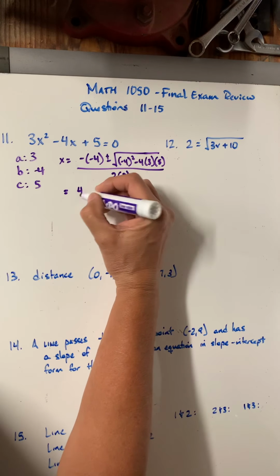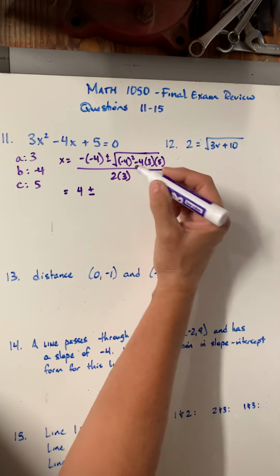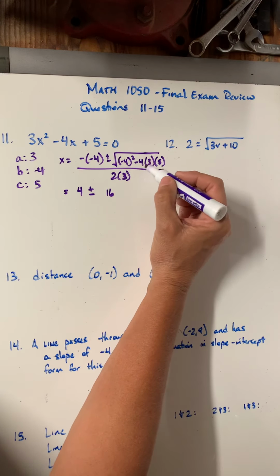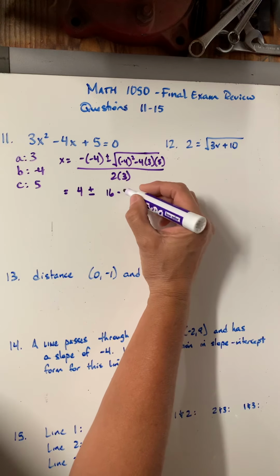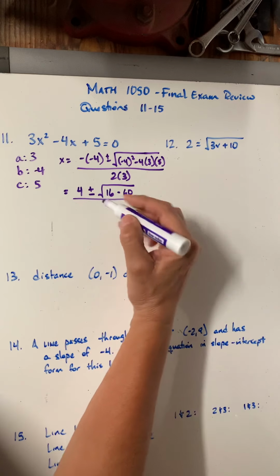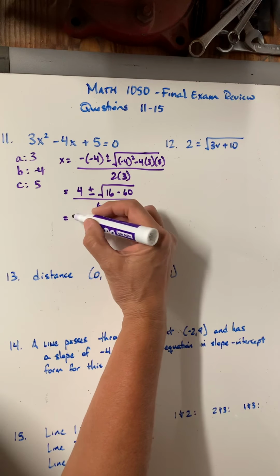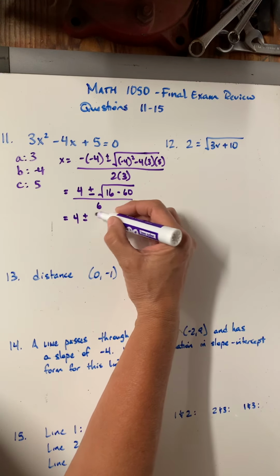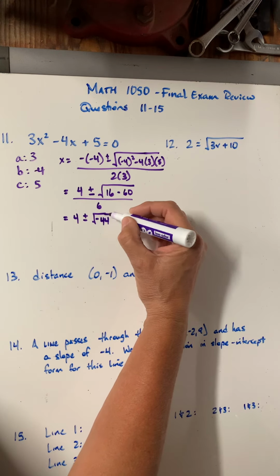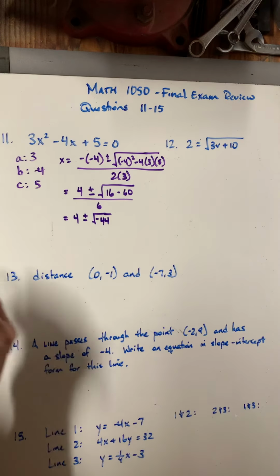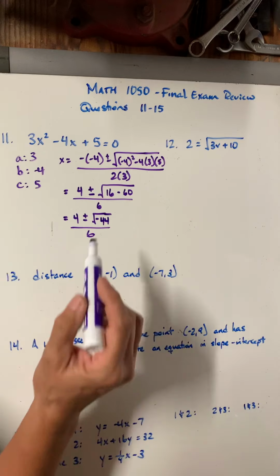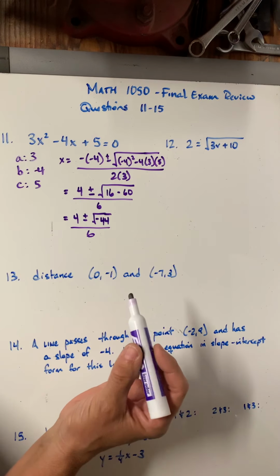So -4 is a +4 plus or minus -4 squared is 16 minus 4 times 3 is 12 times 5 is 60. That's under the square root all over 6, which is 4 plus or minus the square root of -44 all over 6. Now 44, here's what we're going to do to it.